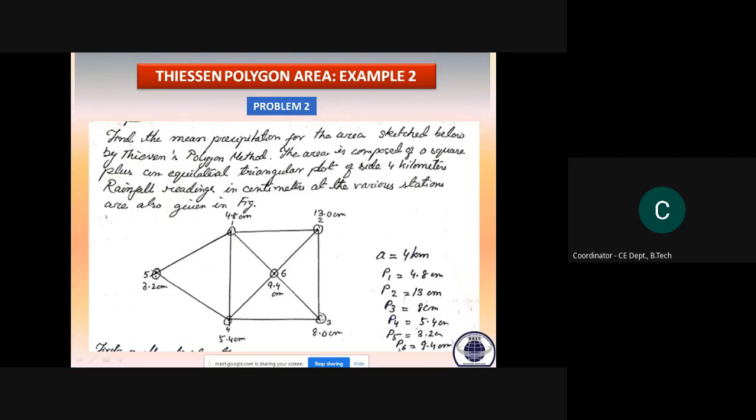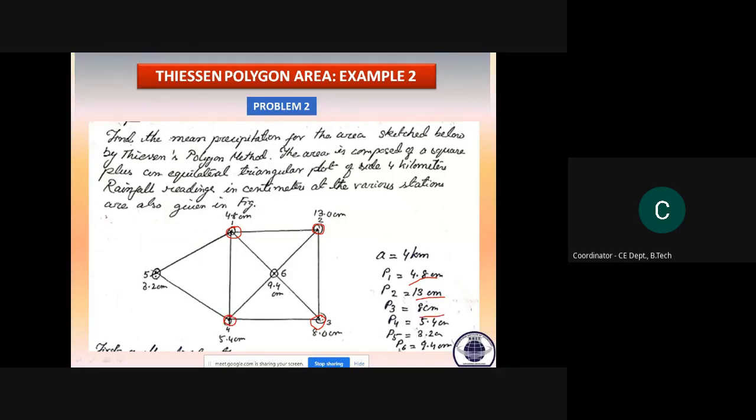Rainfall readings in centimeters at the various stations are given in the figure. See, this is the figure. So for precipitation you can note it down. P1, this is your 1. See my cursor, P1. Wait, I will draw. This is 1. P1 is 4.8 centimeter. P2 is 13 centimeter. P3 is 8 centimeter.